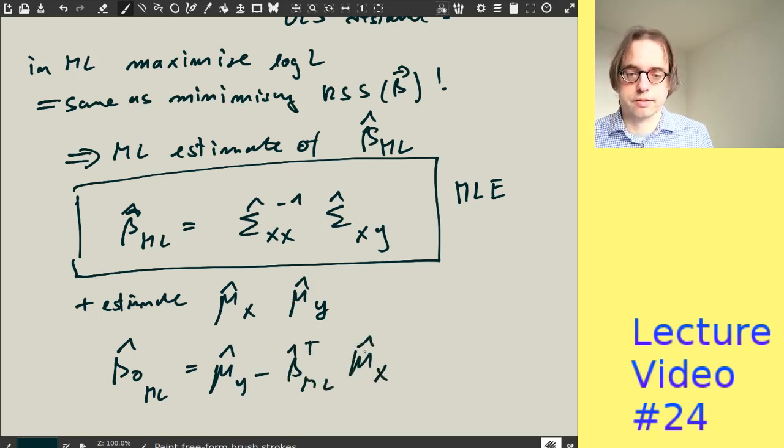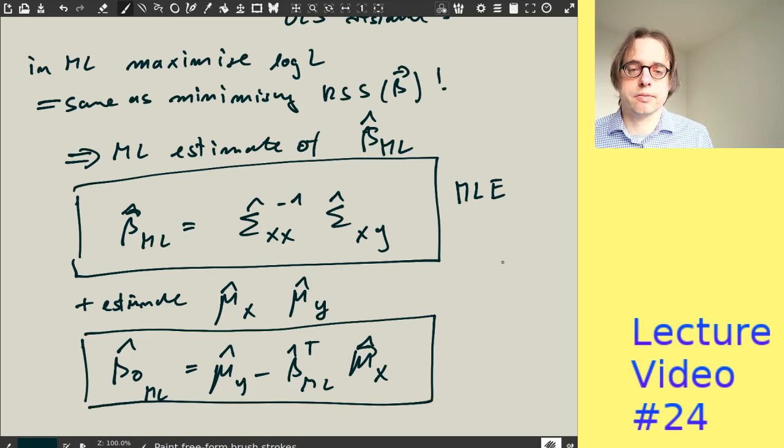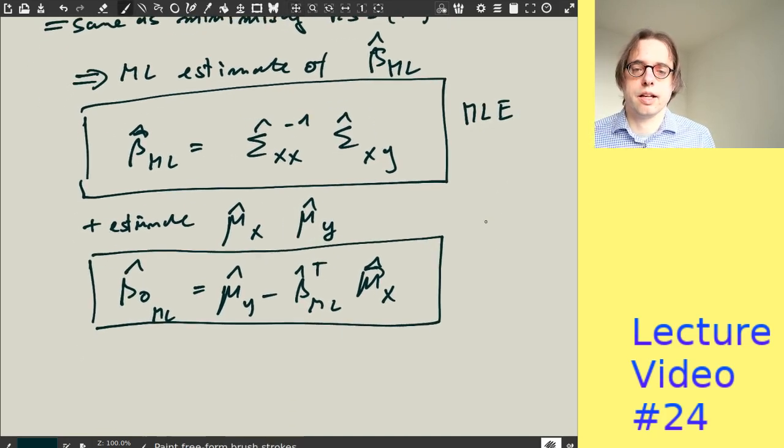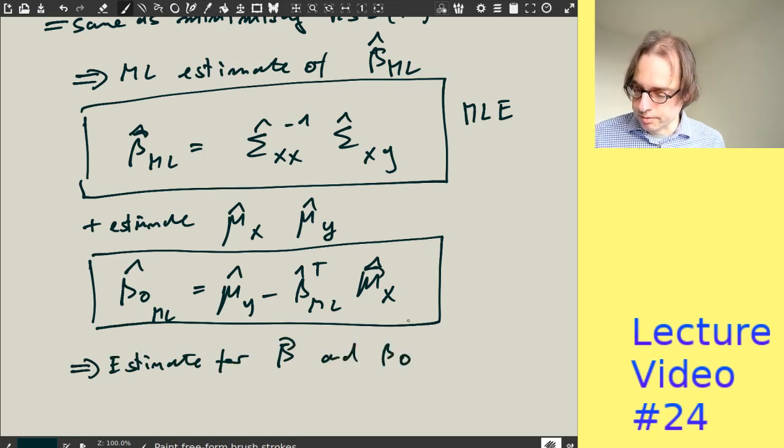So we have estimators for the regression coefficients and for the intercept. So we have estimates for beta and beta naught.